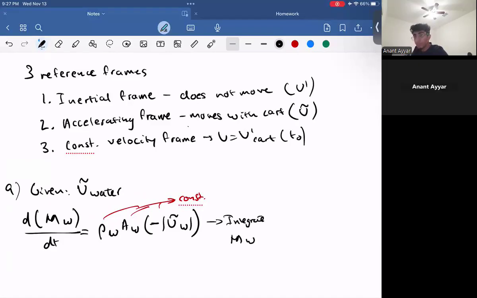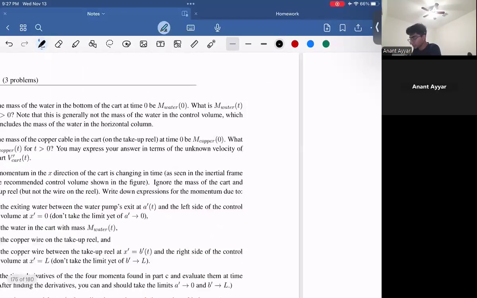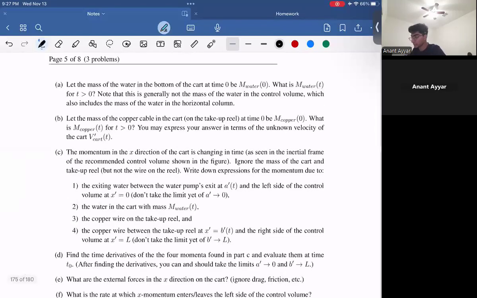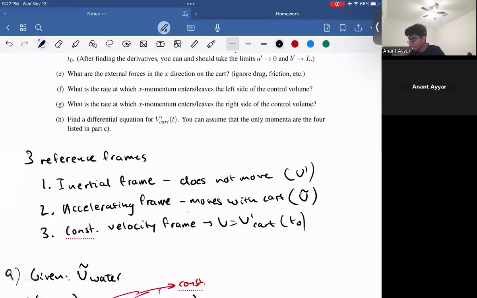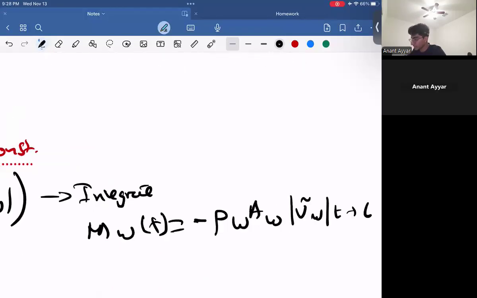And when we integrate, we get mw of t is equal to negative rho w, aw, v tilde w times t plus c. Since it's a constant, you can just multiply by t and then add a constant at the end. And then we also know at t equal to 0, mw is equal to 0.